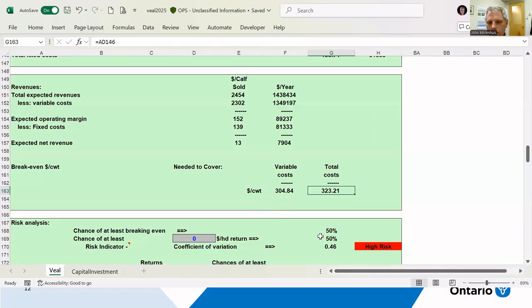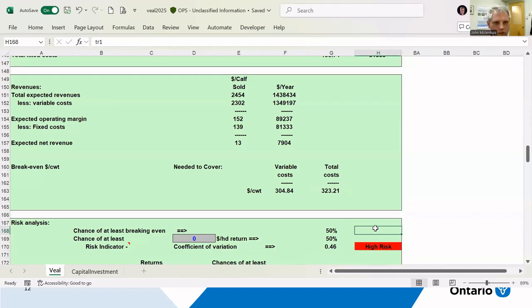This risk assessment is based on those best case, worst case scenarios that you did up front on the risk factors. The bigger the range, the higher the risk in an enterprise. So we saw the big range in calf prices. That's why we're seeing this, as it's taking a statistical measure, coefficient of variation, to make that risk assessment.